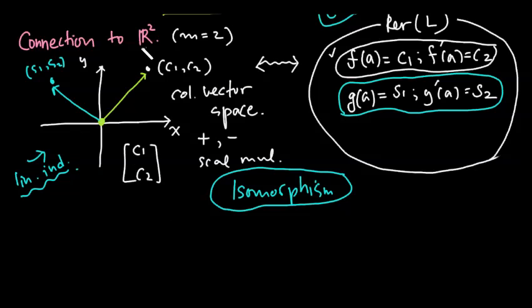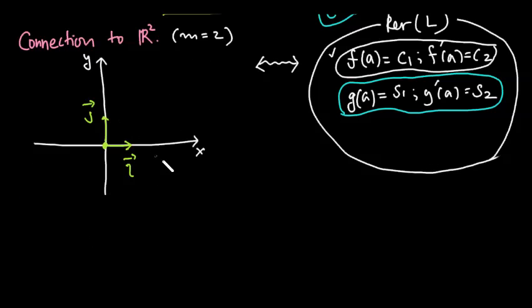So here's another power of looking at the xy plane instead of this more abstract space of functions. Here's the xy plane again, and I use the standard notation. This is the i vector that is 1, 0, and this j vector that is 0, 1. This is called the standard basis.